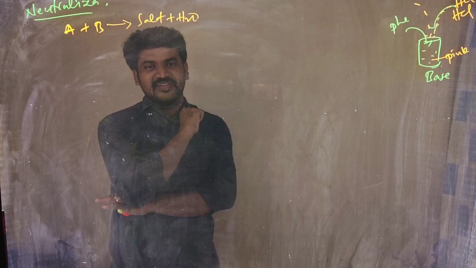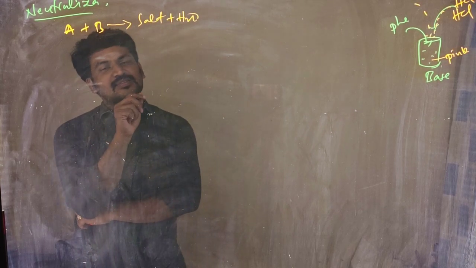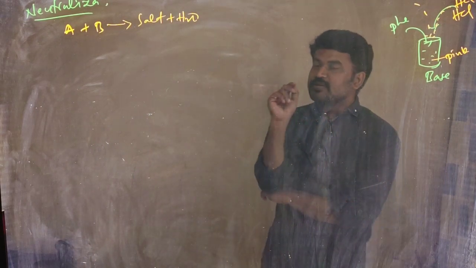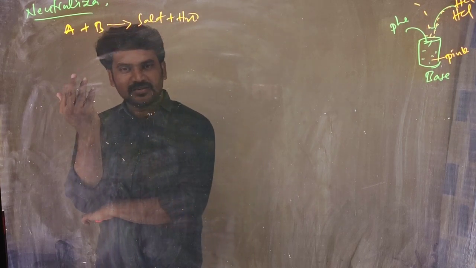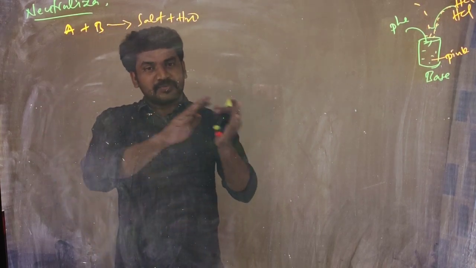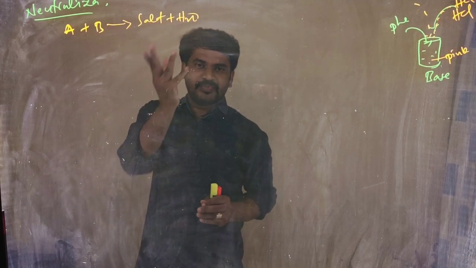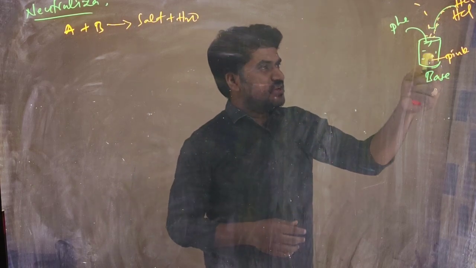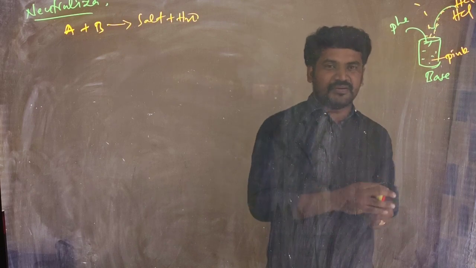Now we have a doubt. How much acid is there, and how much base is there? A minimum proportion should be there to neutralize. If any acid is there, we need some proportion of base to neutralize it. If you add only a little base, it will not become neutralized. Similarly, if base is there and you add only 2 to 3 drops of acid, it will not act like a neutralization reaction.